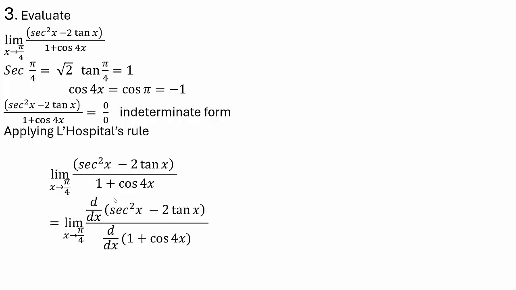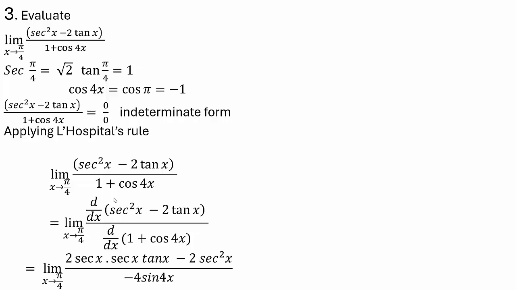Hence, applying L'Hospital rule, limit x tends to pi by 4 of (sec square x minus 2 tan x) divided by (1 plus cos of 4x) equals limit x tends to pi by 4 of the derivative of (sec square x minus 2 tan x) divided by the derivative of (1 plus cos of 4x), which is nothing but limit x tends to pi by 4 of: derivative of sec square is 2 sec x and derivative of sec x is sec x tan x, minus 2 times derivative of tan x, which is sec square x, divided by derivative of 1 which is 0, plus derivative of cos of 4x, which is minus 4 sin 4x.